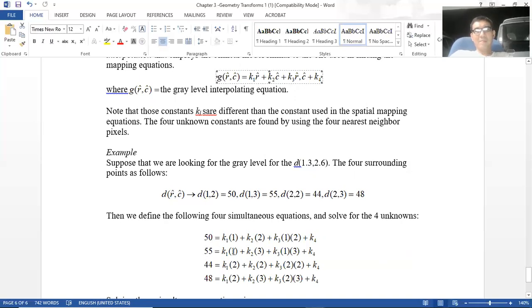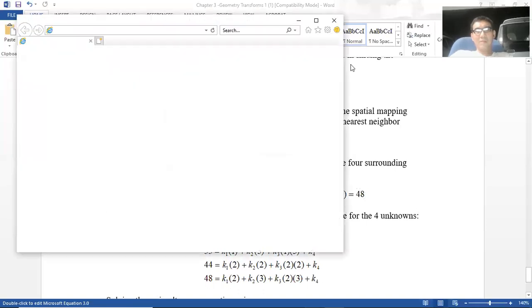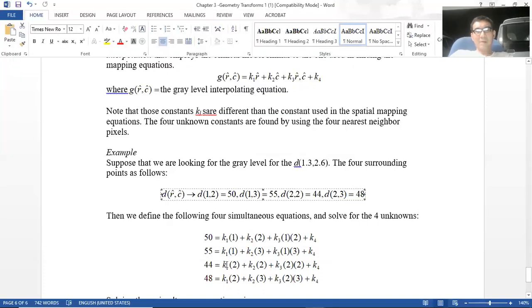So your R prime is 1, C prime 3, and then the third point, 44, equals to your R prime 2, C prime 2, and then the final one is R prime 2, C prime 3. And then the gray level is 48.